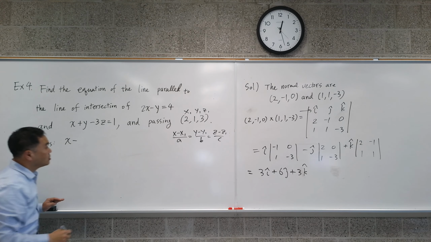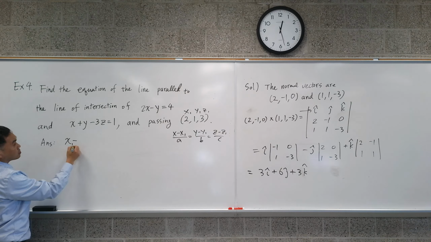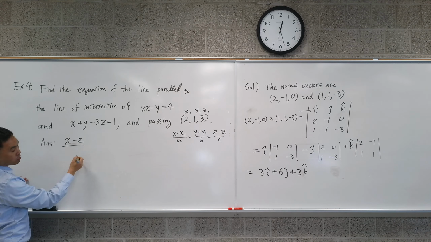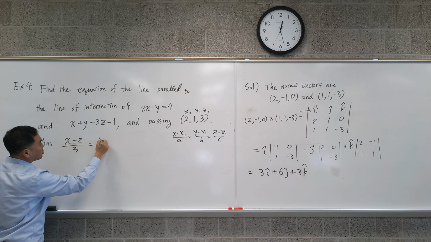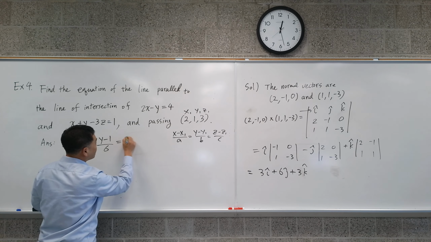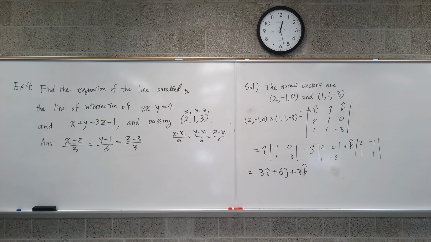So that's going to be (x minus 2) over 3, equals (y minus 1) over 6, equals (z minus 3) over 3. Done. That's the answer.